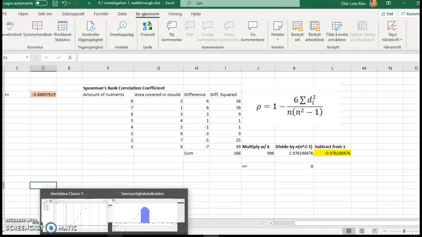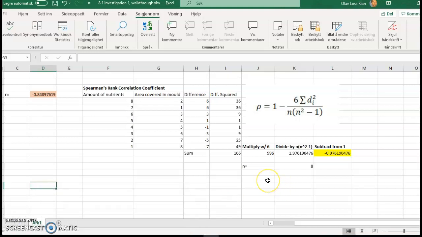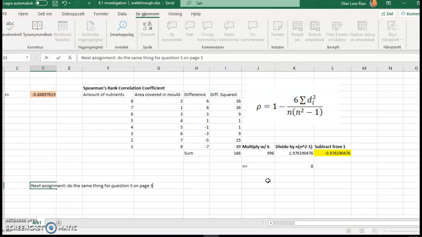And now your next assignment will be to do the same thing for question 5 on page 386.